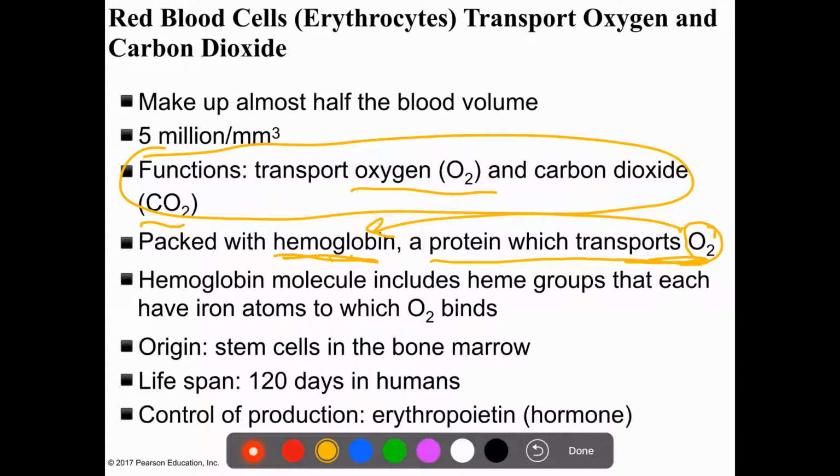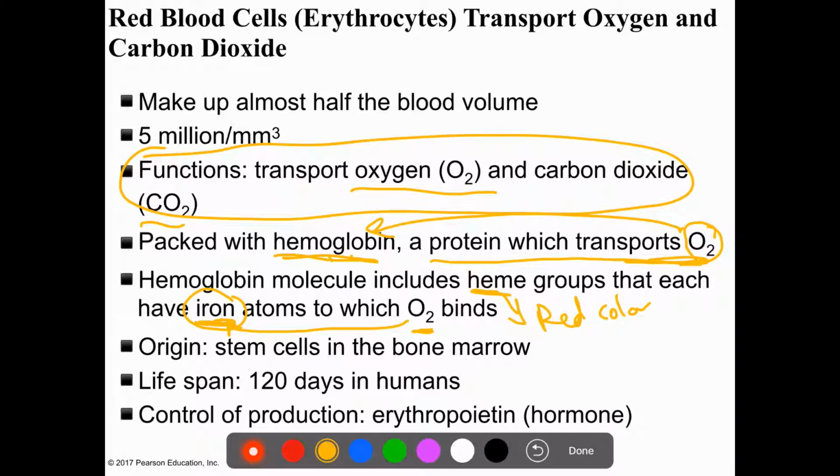Hemoglobin itself includes something called heme groups. These are responsible for the red color of the blood. And each one of these groups has an iron atom to which the oxygen is going to bind. So the oxygen is binding to the iron within the hemoglobin molecule.